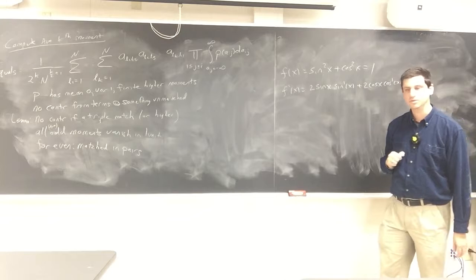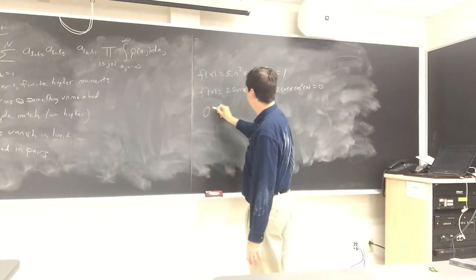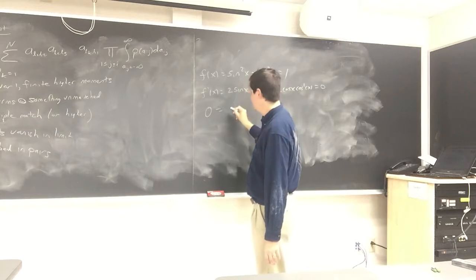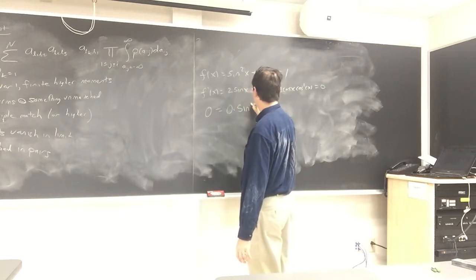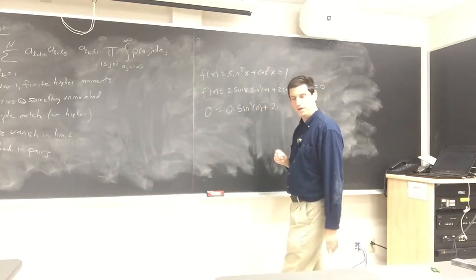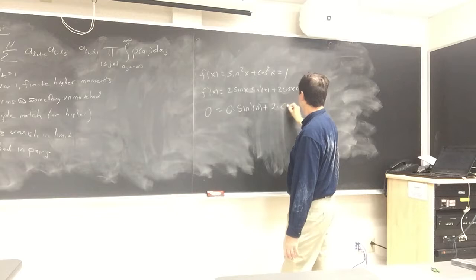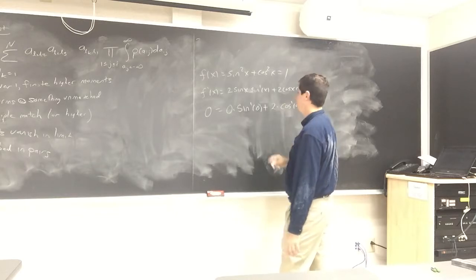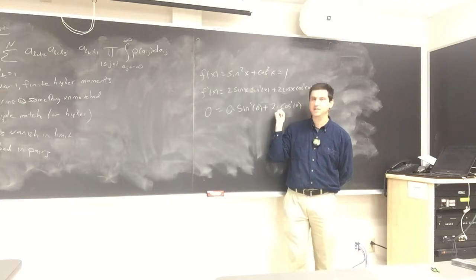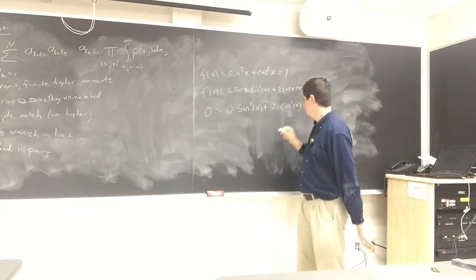If I now take x equals 0, I get 0 equals, what's the sine of 0? So I get 0 times sine prime of 0 plus 2 times cosine of 0, which is 1, times cosine prime of 0. So we can immediately deduce that the derivative of cosine at 0 is 0.